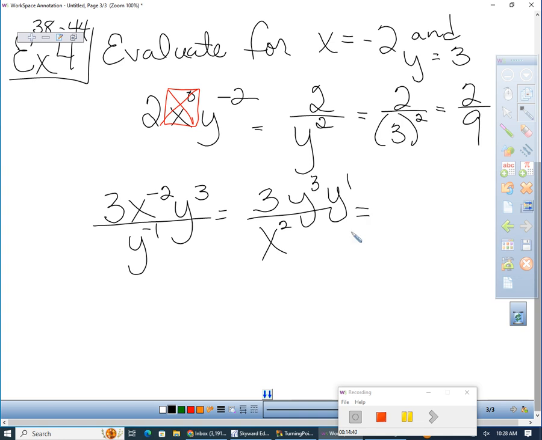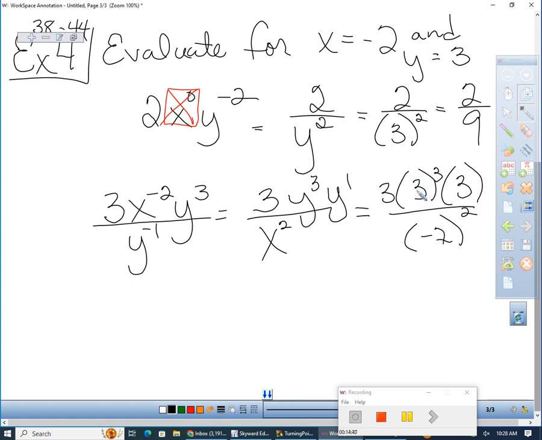So now we can plug our values in. I have 3 times 3 to the third times 3 over negative 2 squared. On the top, how many 3's are all multiplying together? It's a lot of 3's. How many are there? It's 5.